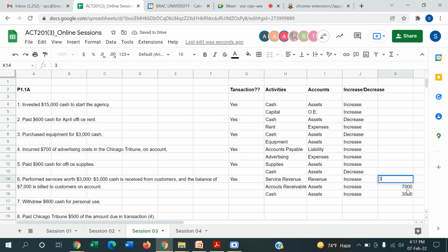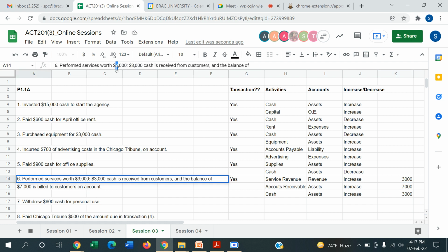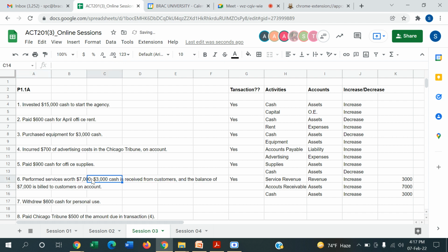Next one, if they mention that they have performed a service of 7,000 and say, for example, they haven't received any cash, and this 7,000 is on account. In that case, it will be 7,000 service revenue, and have you received cash?